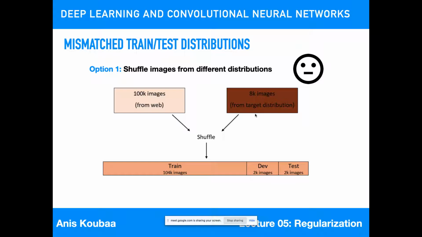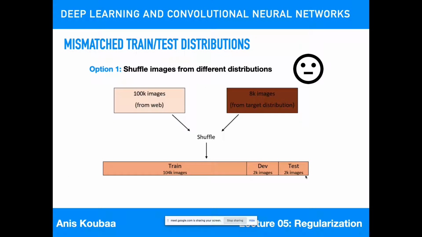The first approach, which some people find intuitive, is to shuffle everything. I will take the 100,000 images from the web and the 8,000 images from the target distribution, and shuffle them all together. And then from the result, I will just divide them into train, dev, and test.